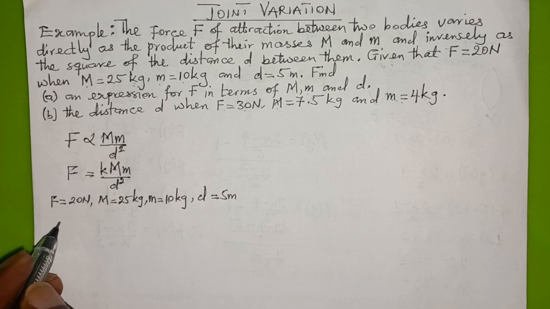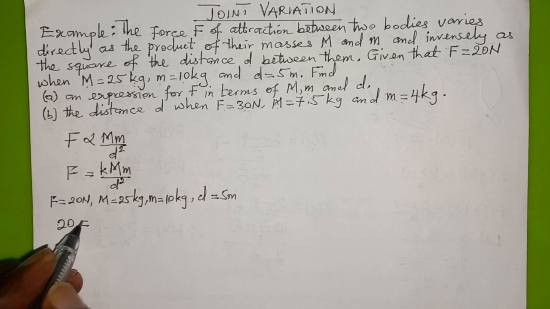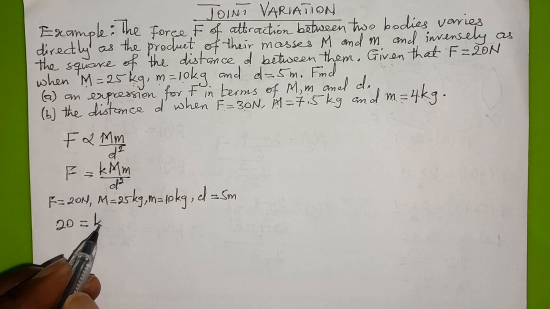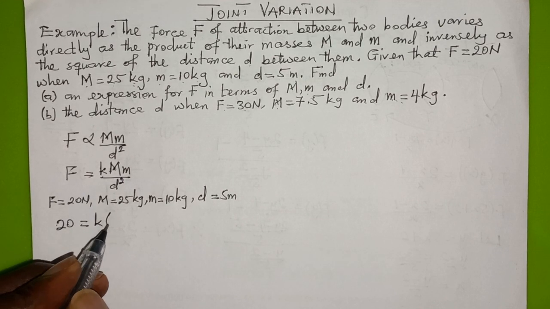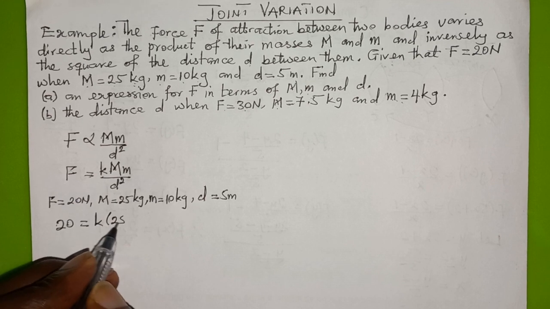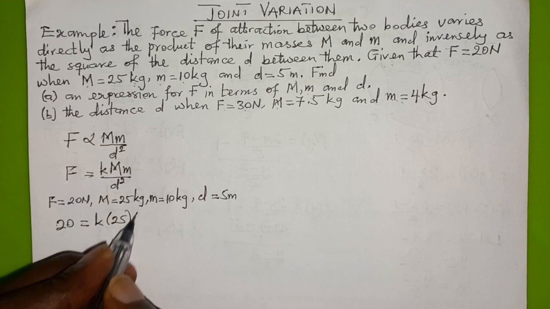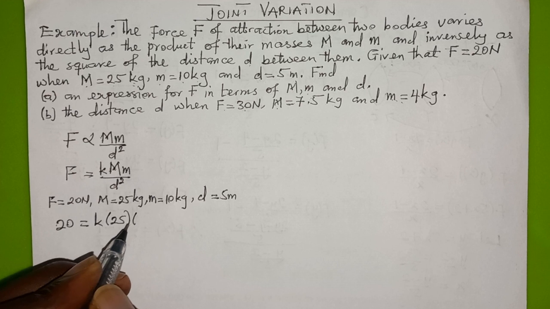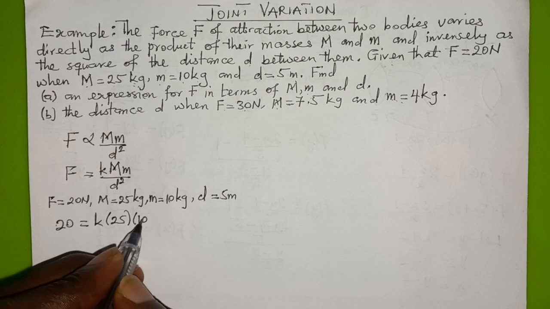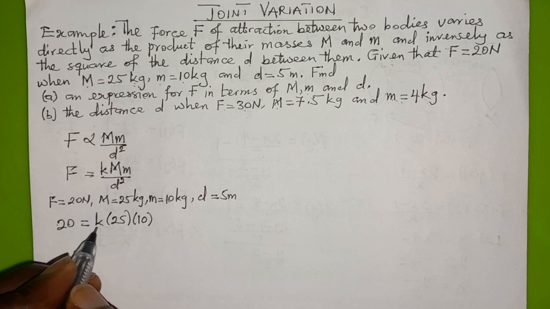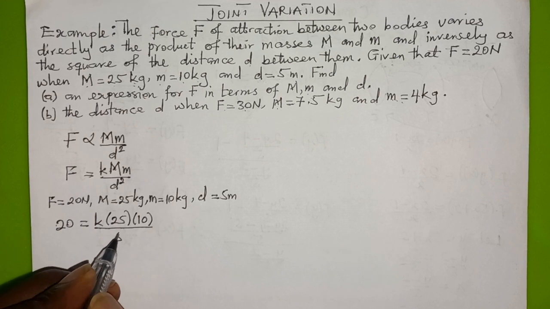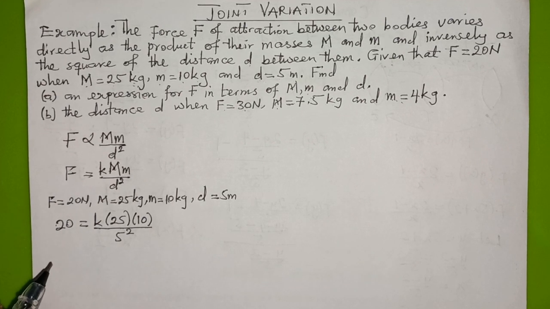So what we need to do is to substitute these digits into our equation. So this will become 20 equals K, which is unknown, multiplied by 25, which is also multiplying 10, all over 5 squared.